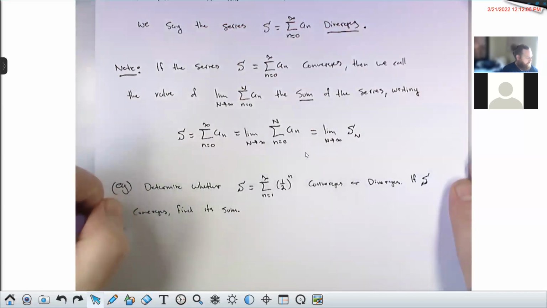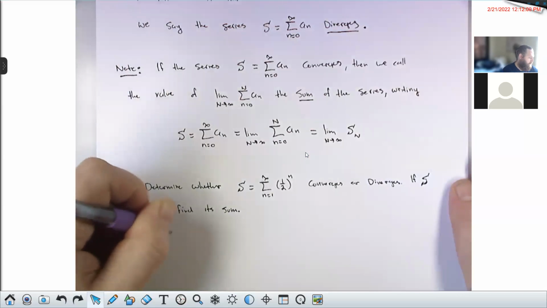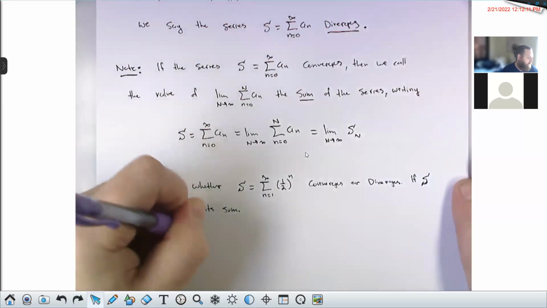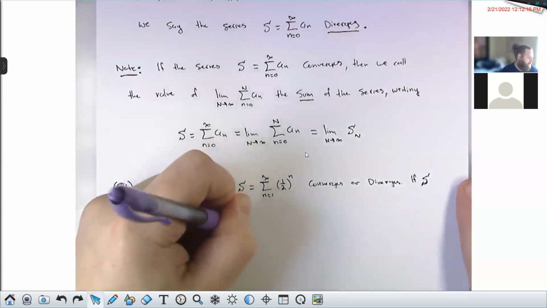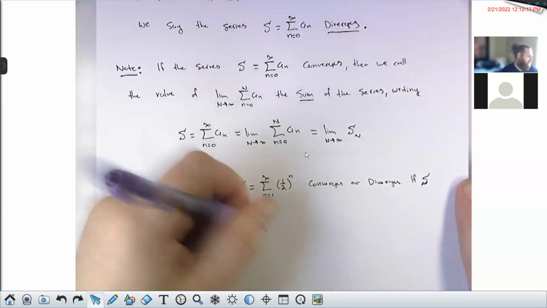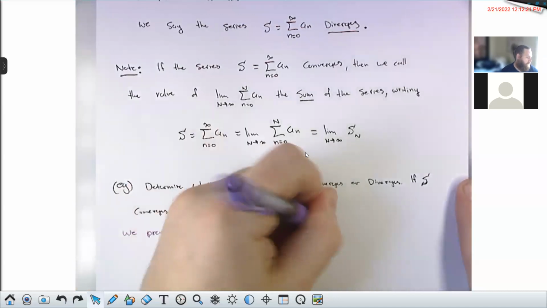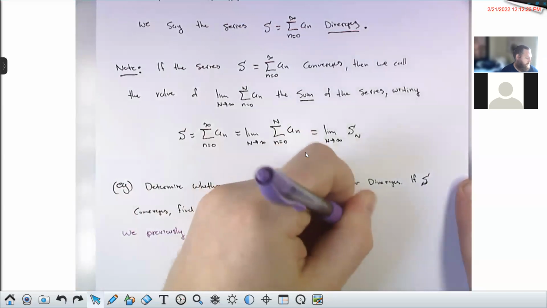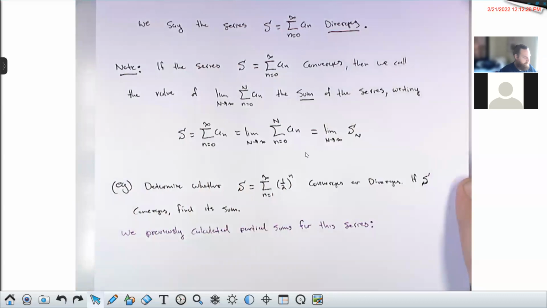We previously calculated some partial sums for this series.